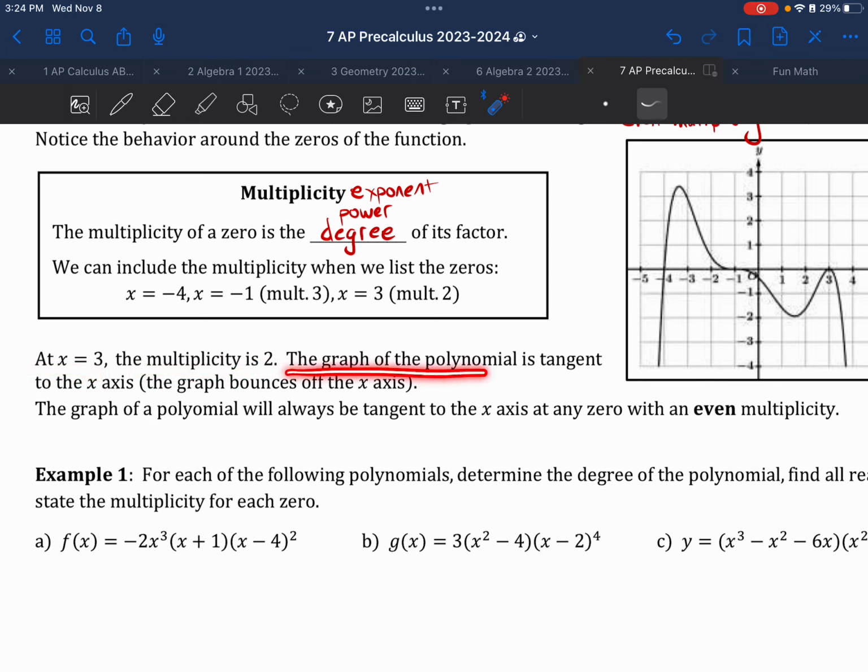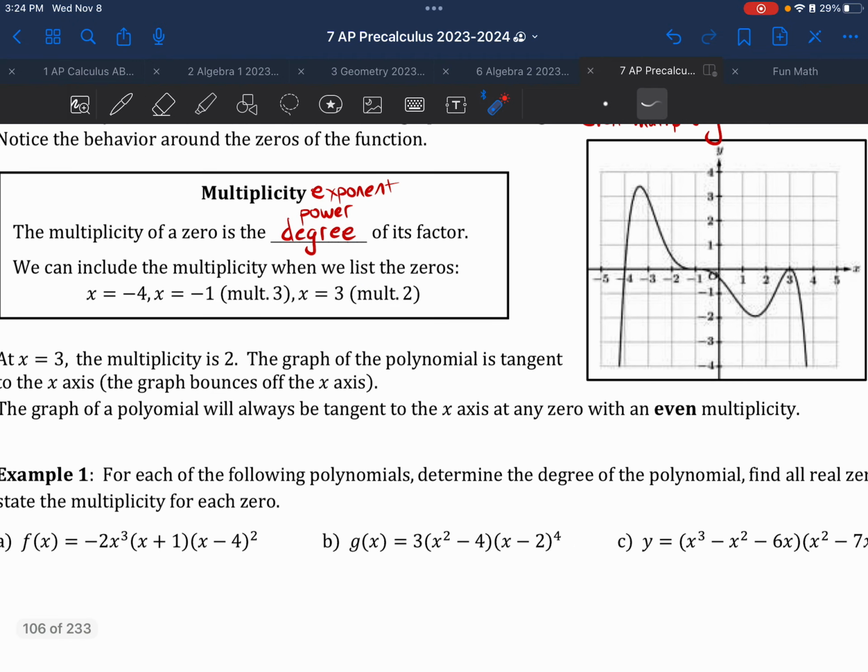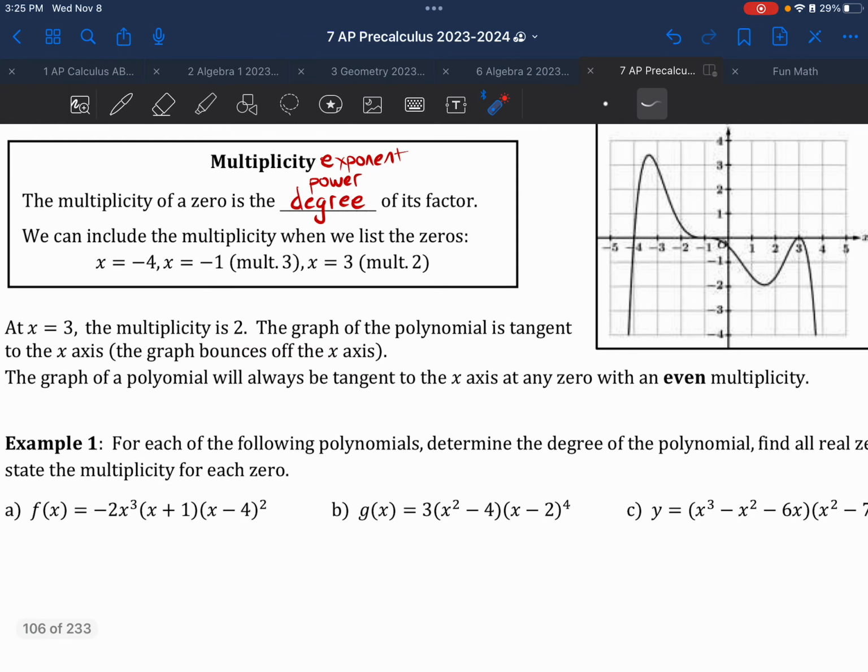The graph of the polynomial is tangent to the x-axis. So the graph, check it out, the slope is positive, and then eventually the slope comes down. The slope at 3 is 0, which means that we are tangent, or parallel, to the x-axis. So it bounces off the x-axis, and we have this tangent line whenever we have an even multiplicity.